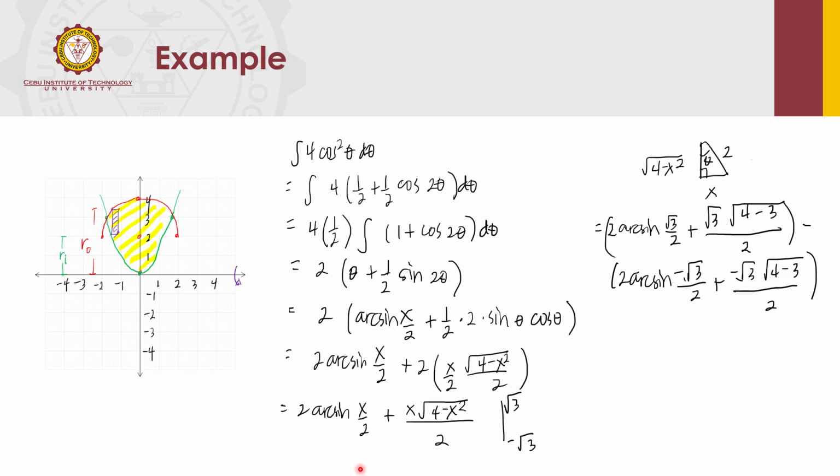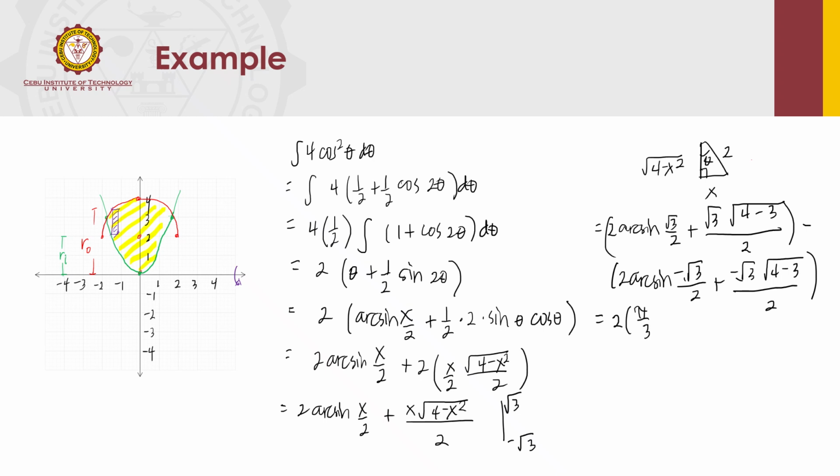While for the arcsine part, arcsine of square root of 3 over 2, which angle will give a sine value of square root of 3 over 2? It's 60 degrees, or pi over 3. So times pi over 3.